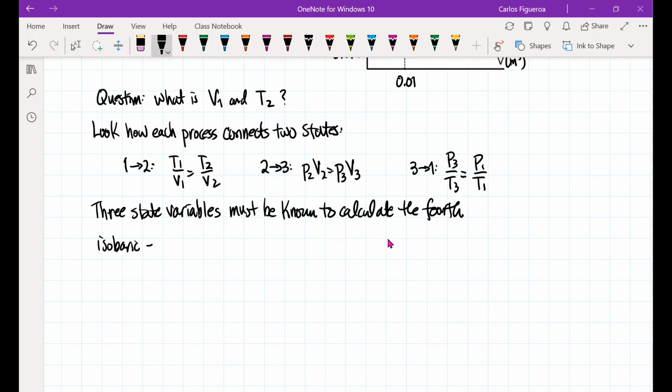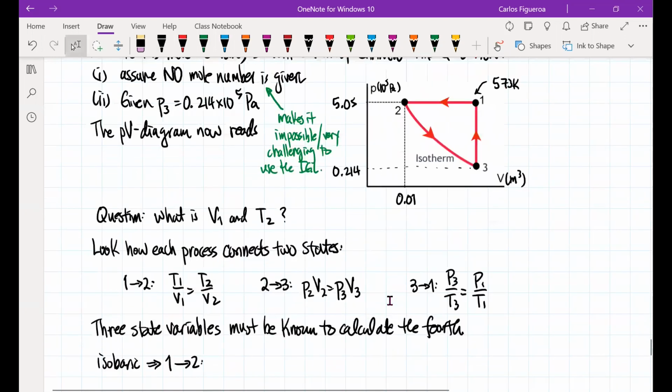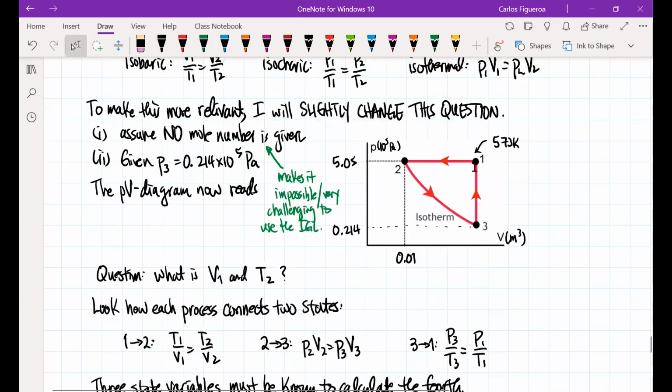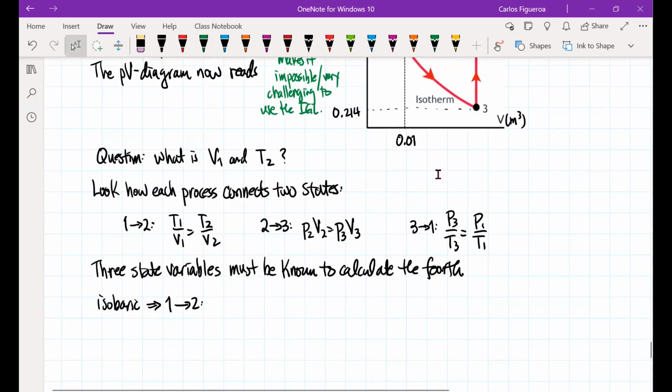So the isobaric process tells me that I connect 1 to 2. So when I look at that, what do I know about state 1 and 2? So I know the temperature of 1, and I don't know the volume. When I look at state 2, I don't know the temperature. Let's just write it down. So the isobaric tells me this here.